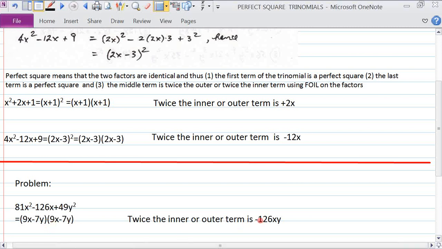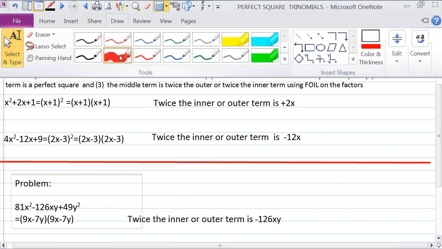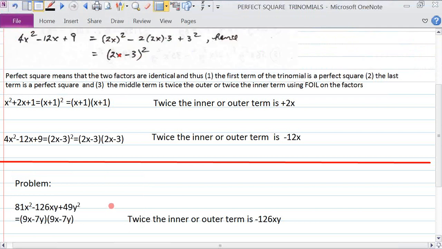So twice that is minus 126xy. There is a slight error here. This should be y. Okay, now we're okay. So this term right here should be xy.